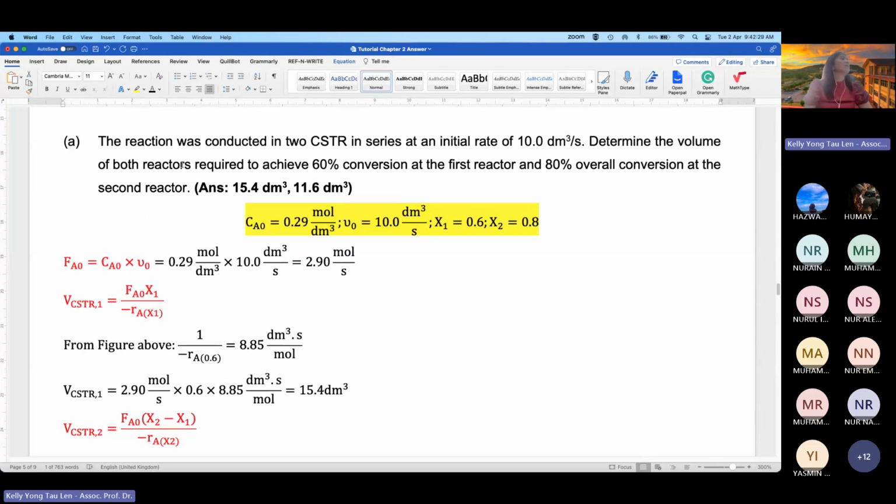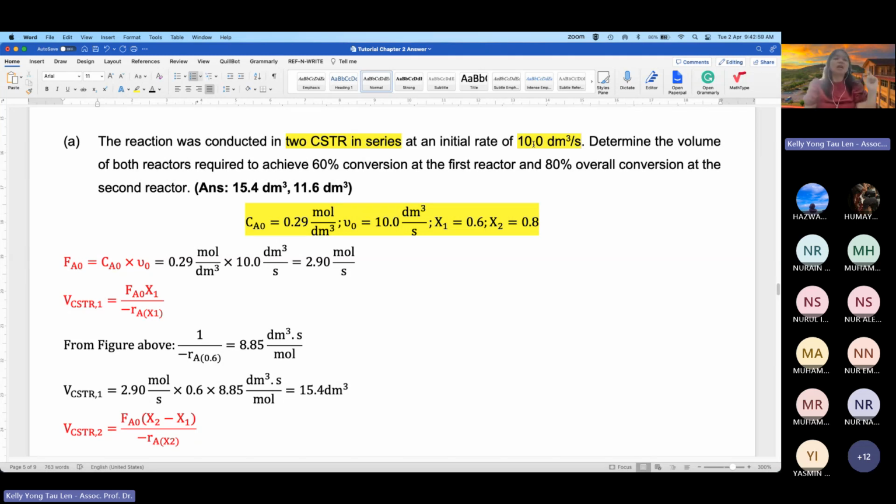The question says, the reaction was conducted in 2 CSTR in series at initial rate of 10 dm cube per second. So the first information is 2 CSTR in series, meaning that I have volume of CSTR1 and volume of the second CSTR. Next, the initial rate of 10 dm cube per second.